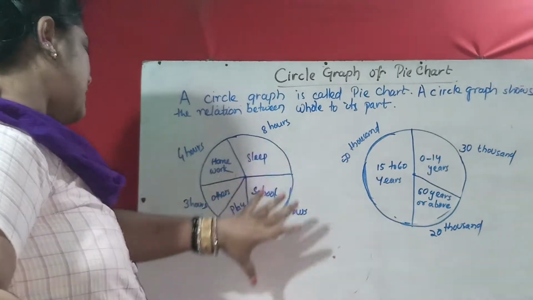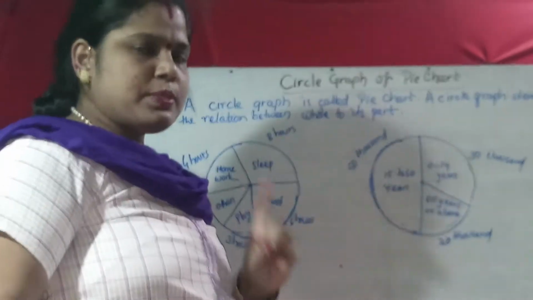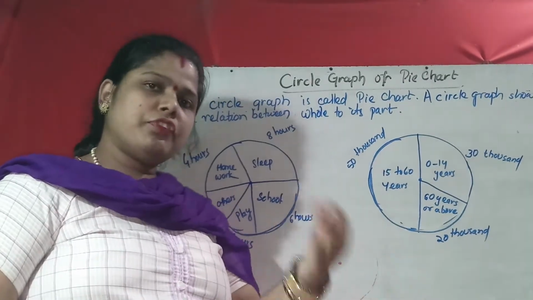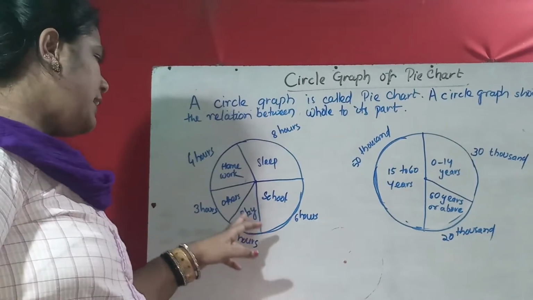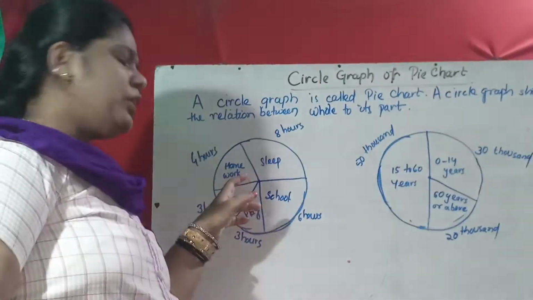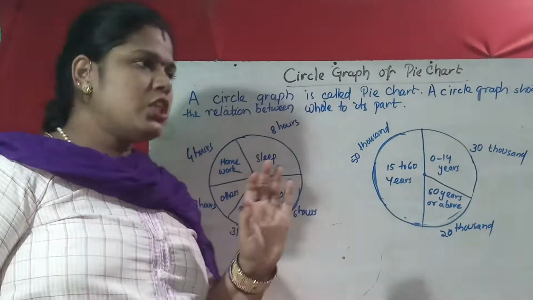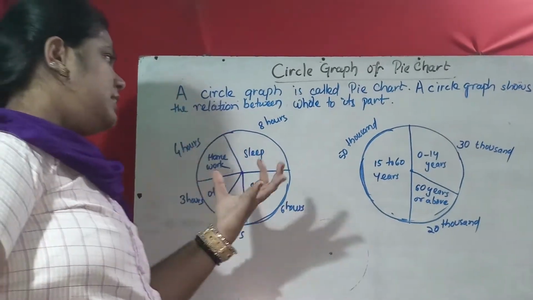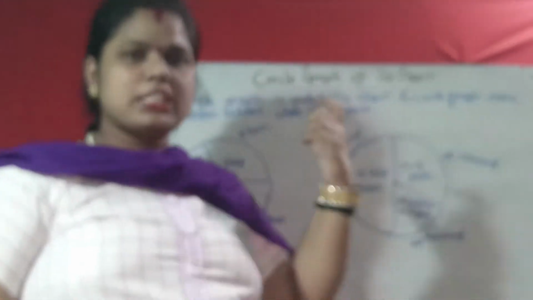Suppose here one graph is given, where a student spent the whole day on different activities: sleep, school, play, other activities, eating, watching TV, and doing homework. One day is 24 hours. The student divided his 24 hours into different activities.